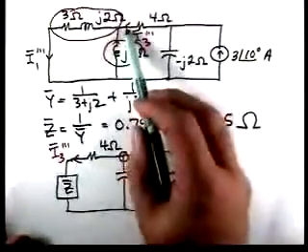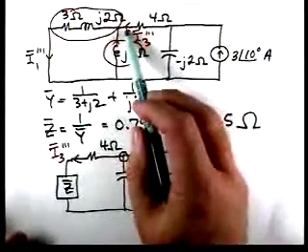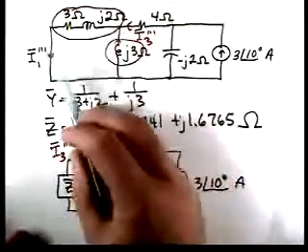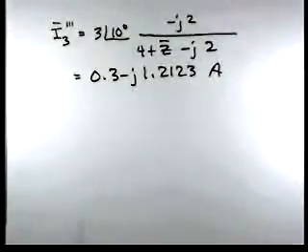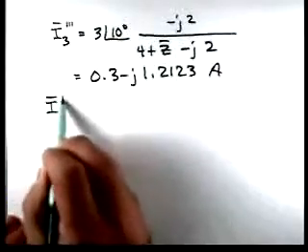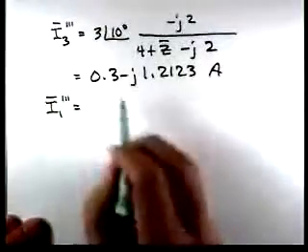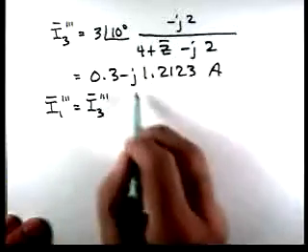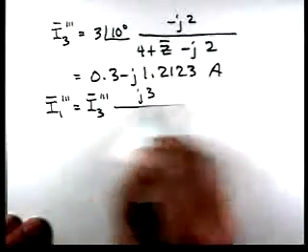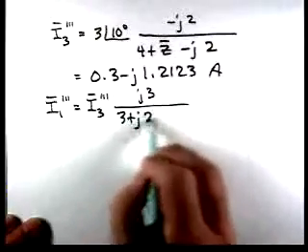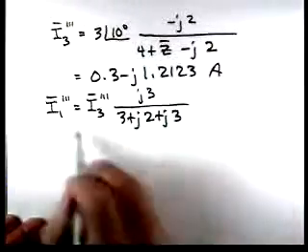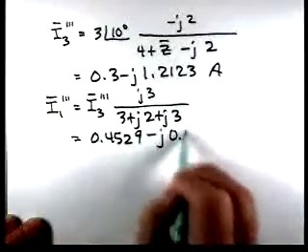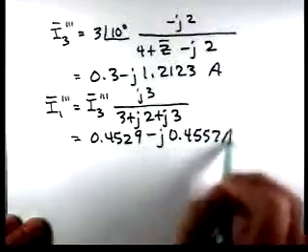We need to do one more current division. Now we need to divide here, and since we want the current here, we're going to put this in the top. So I1 triple prime is I3 triple prime times j3 over 3 plus j2 plus j3, which is 0.4529 minus j0.4557 amps.